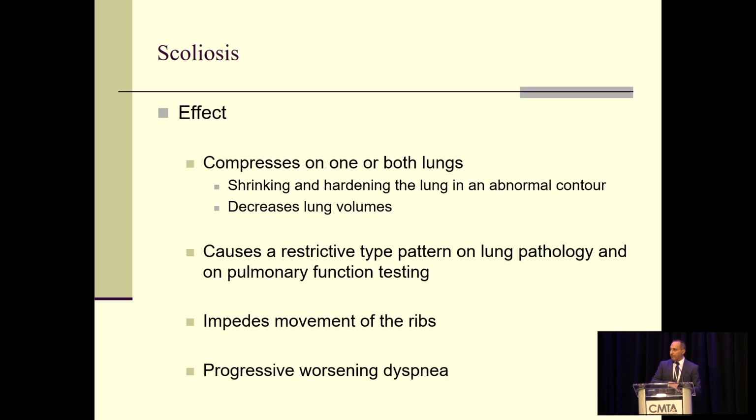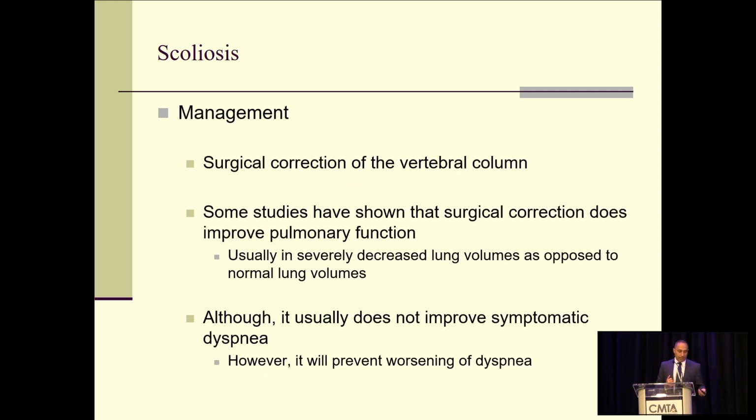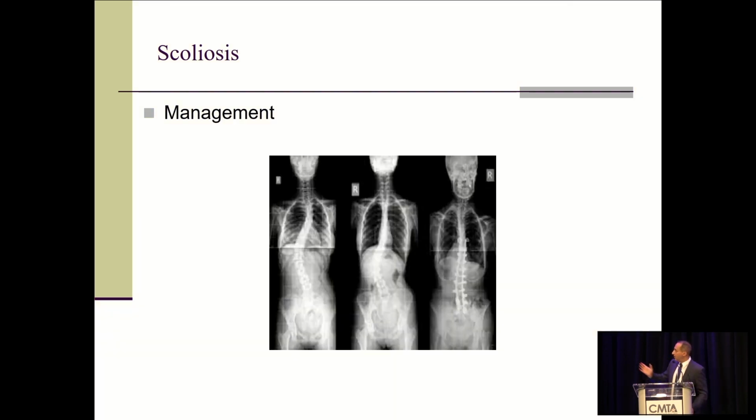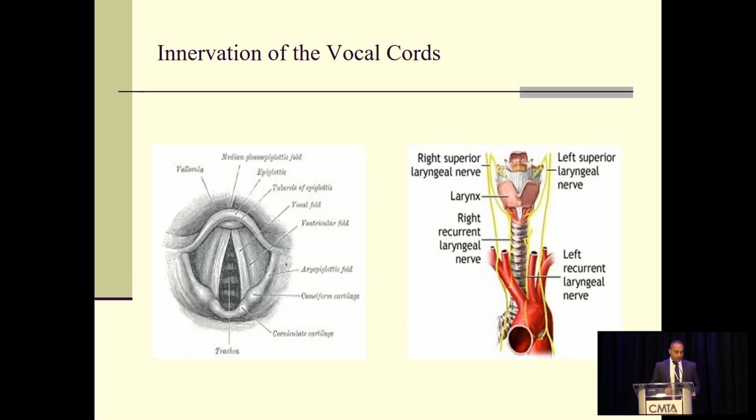If you start having severe respiratory issues from it, even correcting your scoliosis is not going to fix that problem too well. This is what scoliosis correction looks like, and in the third picture the lungs are much better inflated.